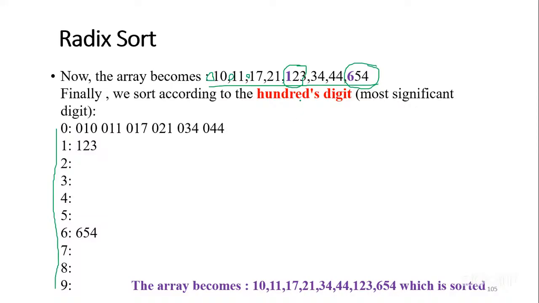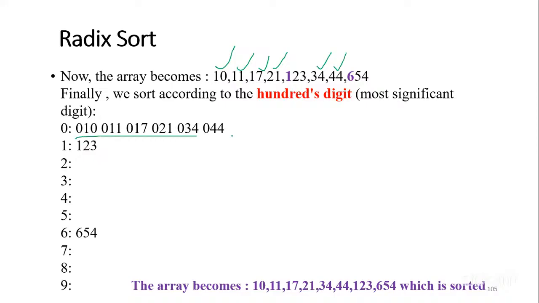We add 0 for all the numbers other than 123 and 654. You can write all those numbers in this row by following the same order: 010, 011, 017, 021, 034, 044. That's it. If we add 0, the value won't change. We know that.